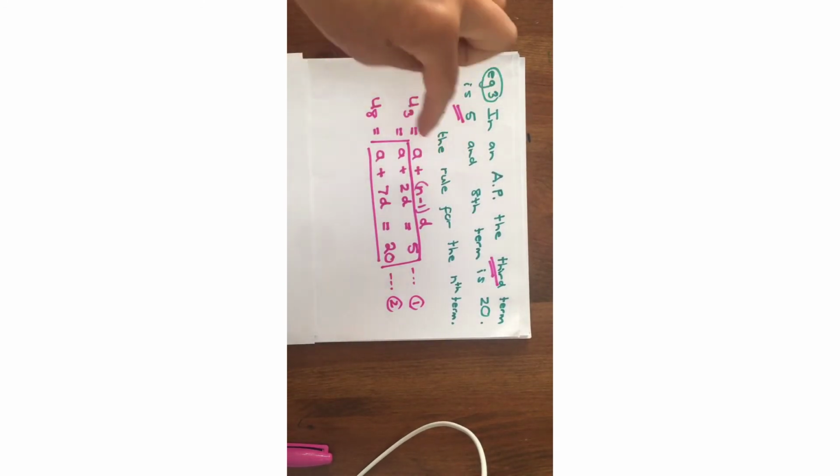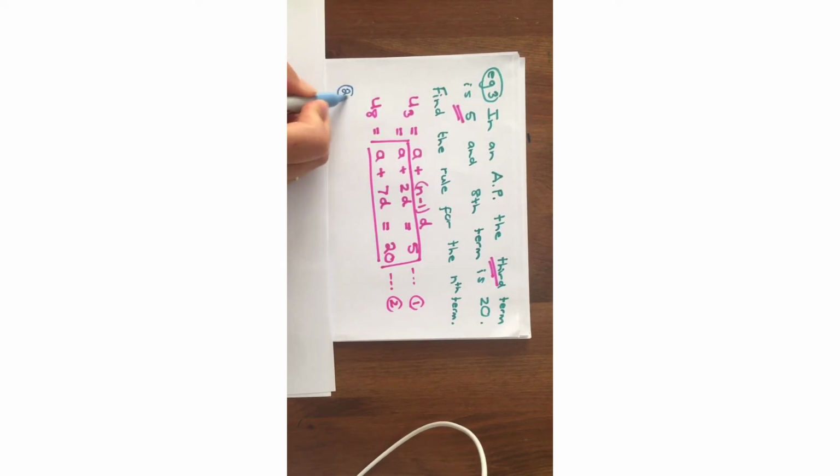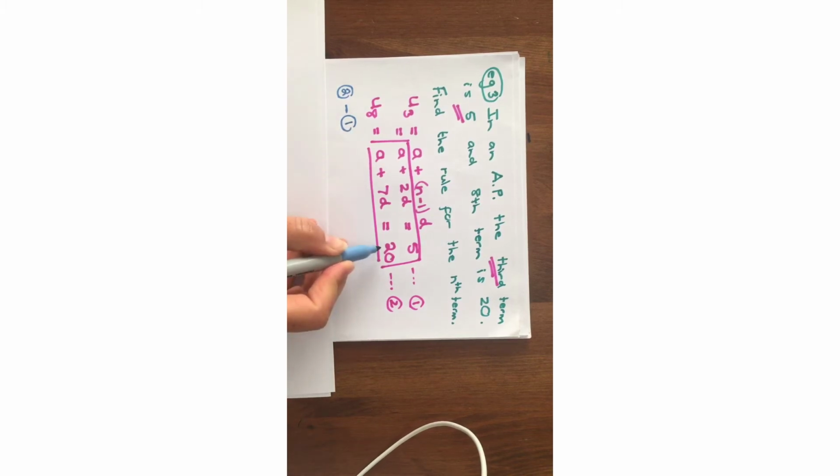Because it's the same sequence, a and d will be the same. Right, how am I going to solve this? Well, I'm going to solve this using simultaneous equations. I'm going to do 2 take away 1. So a's will cancel. 7d take away 2d, 20 take away 5. So I get d to equal 3.